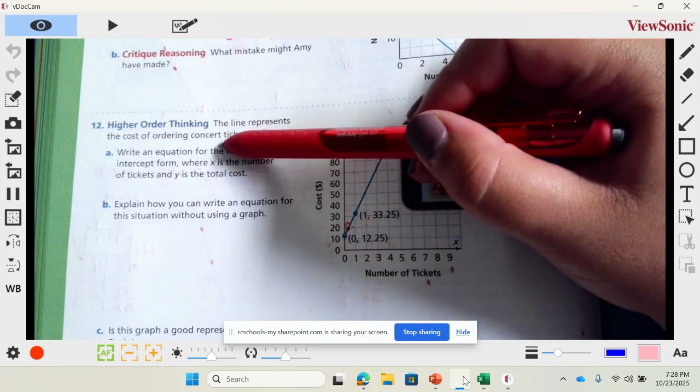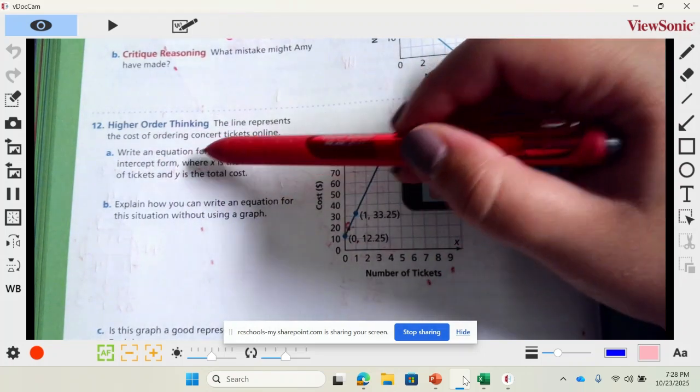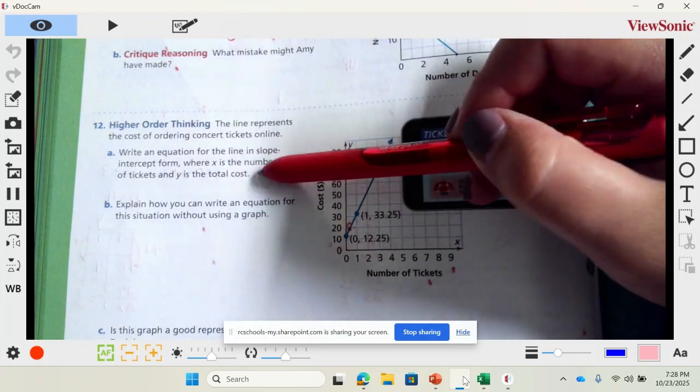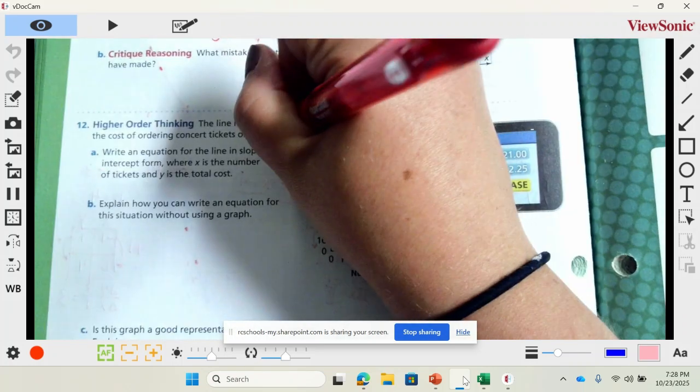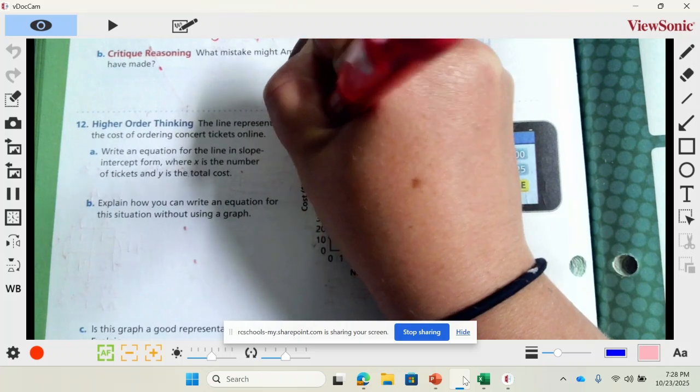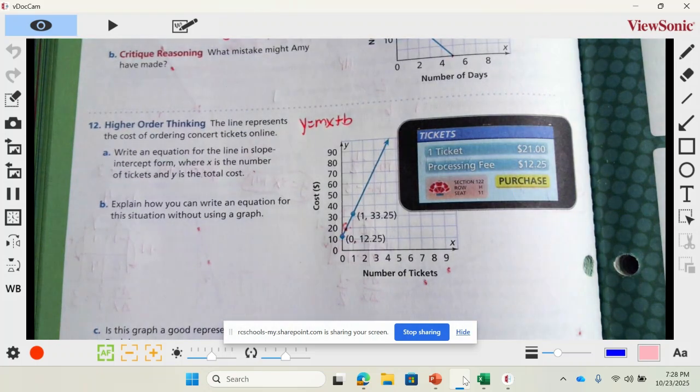You got to think about that, okay? So write an equation for the line in slope-intercept form where x is the number of tickets and y is the total cost. Again, slope-intercept form is our y equals mx plus b. So what is our m? What is our initial value?